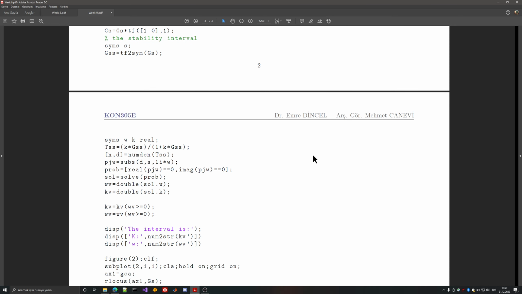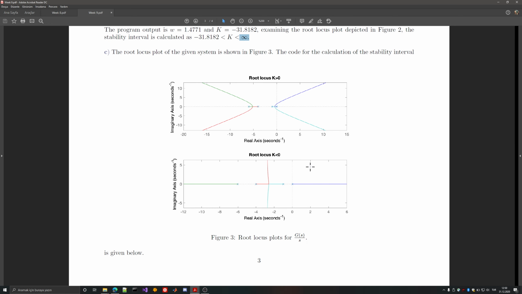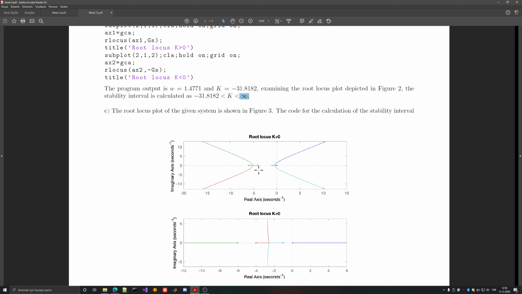Now, what will happen if I add a pole to the system? You can see that adding one more pole will change my angle of asymptote, and this angle decreases the more poles I have, because it is 180 divided by some linear relation on the degree of the system.